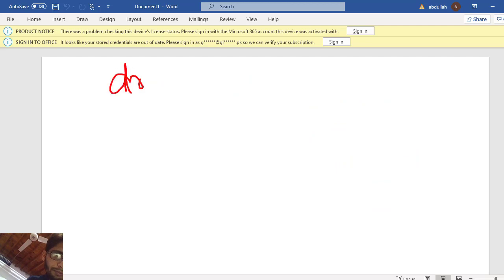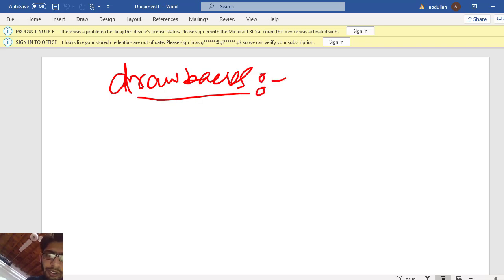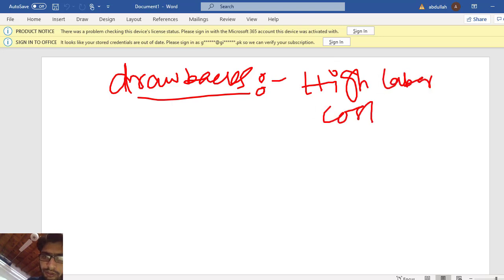There are some drawbacks of a batch reactor. One drawback is high labor cost.